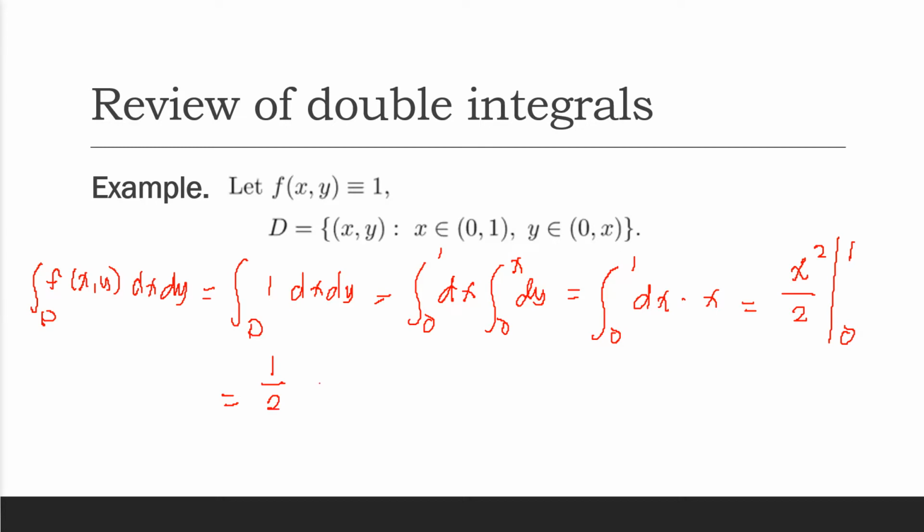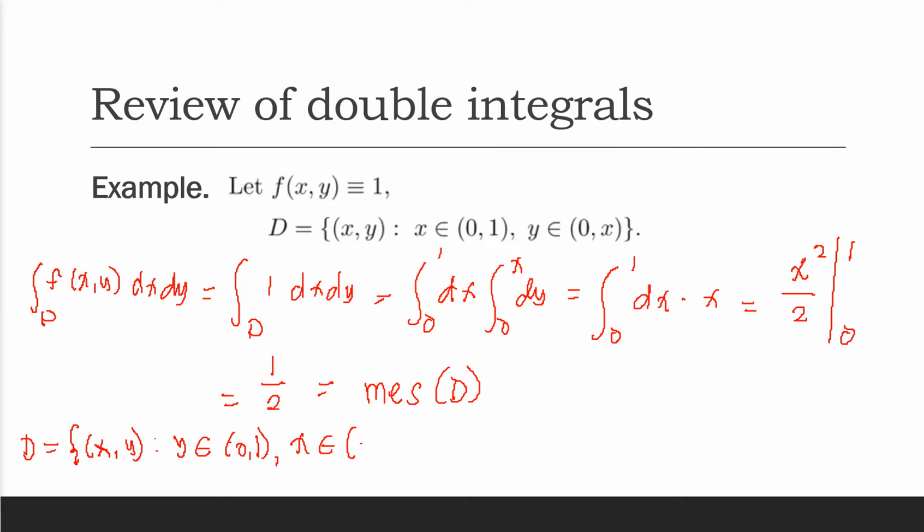And this 1/2 is our mass of D. Note that in this case, the same D can be replaced as D equal to the set of (x, y) such that y is an element of [0, 1] and x is an element of [y, 1].